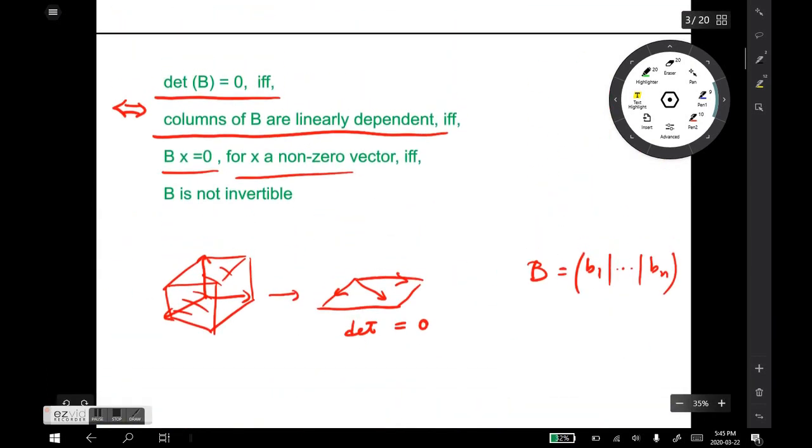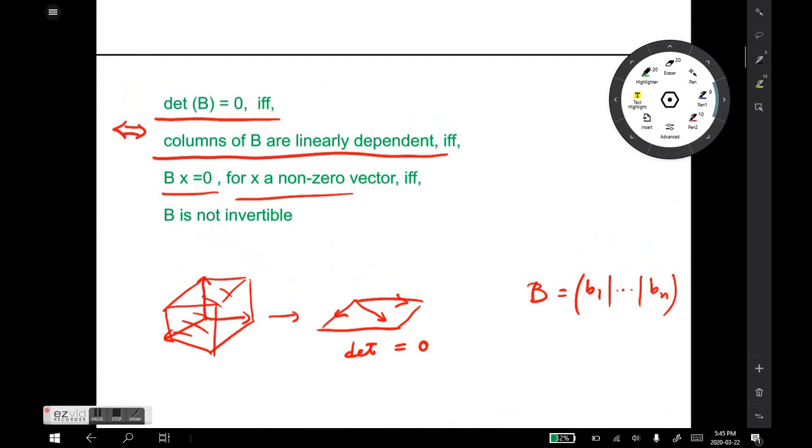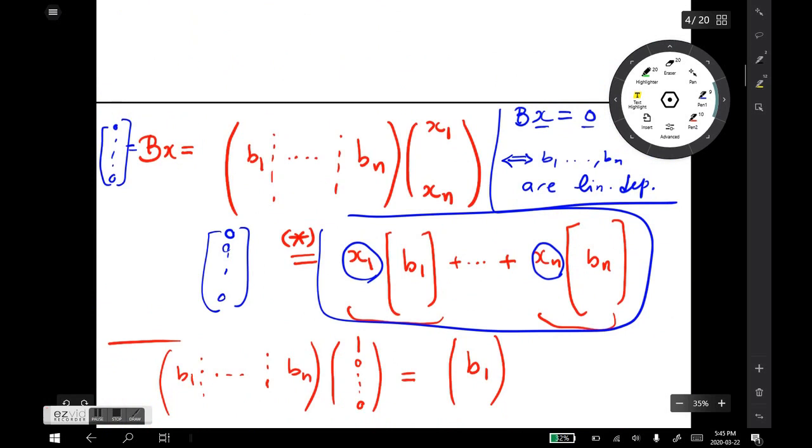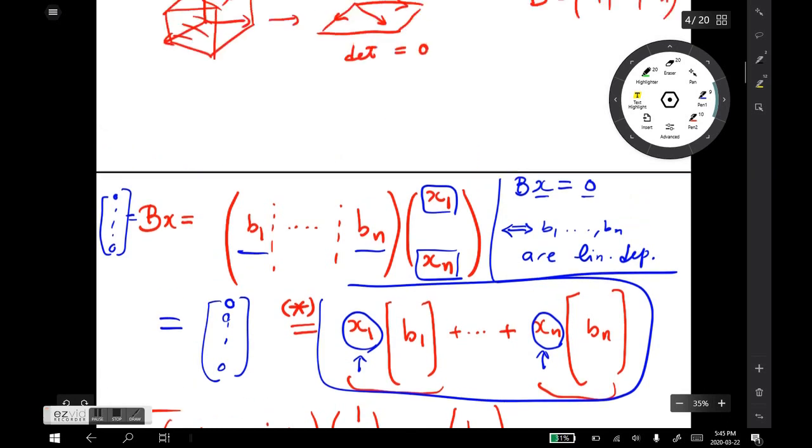So what else do we want to prove? We also prove the converse. If the columns are dependent, we put these coefficients in this column vector, and then we write this matrix B1 to Bn times it, and this becomes 0. So we have proved both sides.